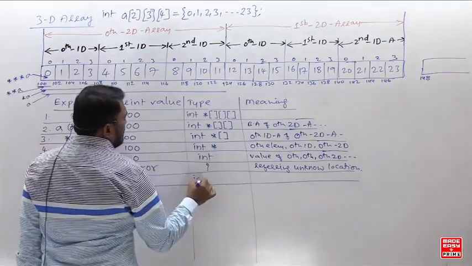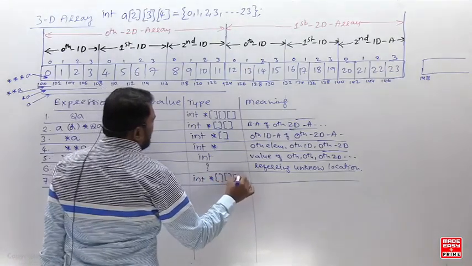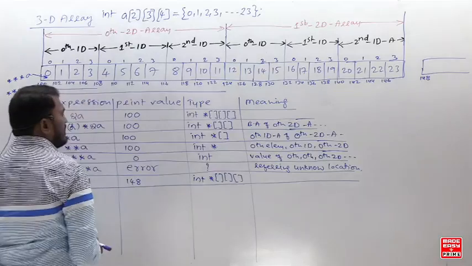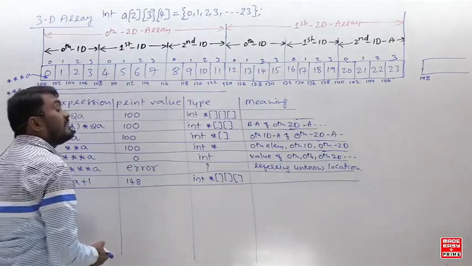So the type will be what? Int star triple braces. Is that clear? So it's a base address of what? Next continuous 3D array.